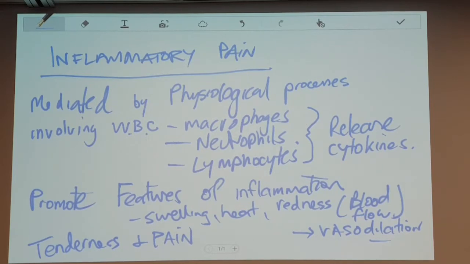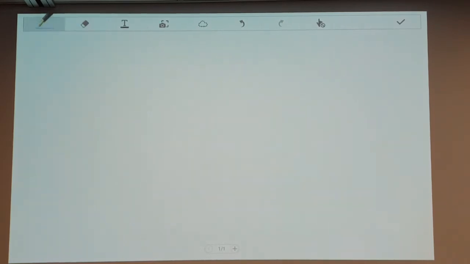All right, so that's really what happens in inflammatory pain. So let's go to the next major category of pain, and the next one that's probably the simplest to understand is neuropathic pain.